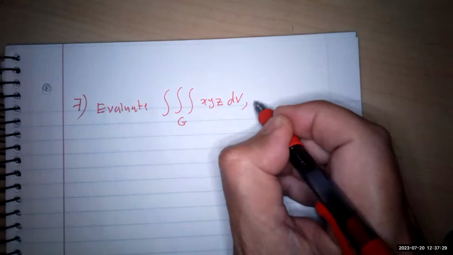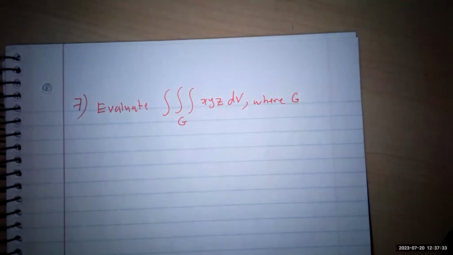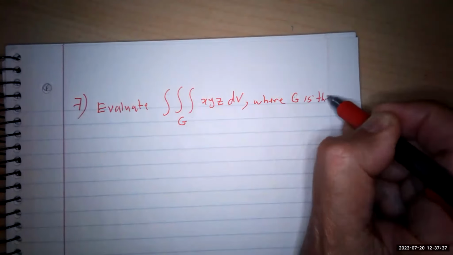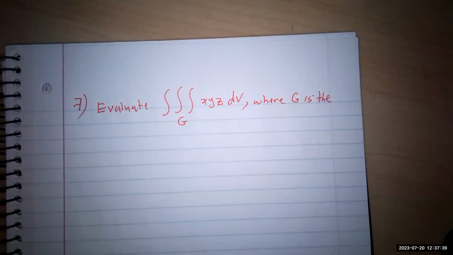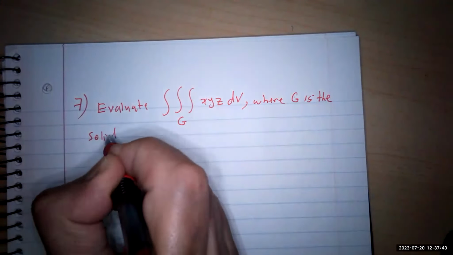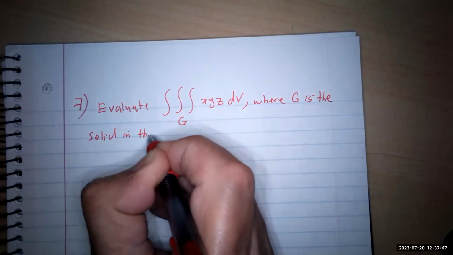So what is G? It's very similar to the one that we did. G is going to be a solid in the first octant, so everything is positive.